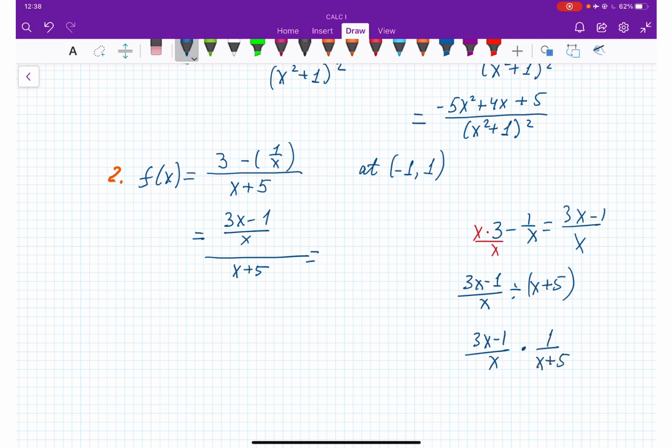Remember, we have to flip the second fraction and do multiplication. So it's going to be 3x minus 1, and at the bottom in denominator we will have x times x plus 5, right? Which will be equal to 3x minus 1 over x squared plus 5x.